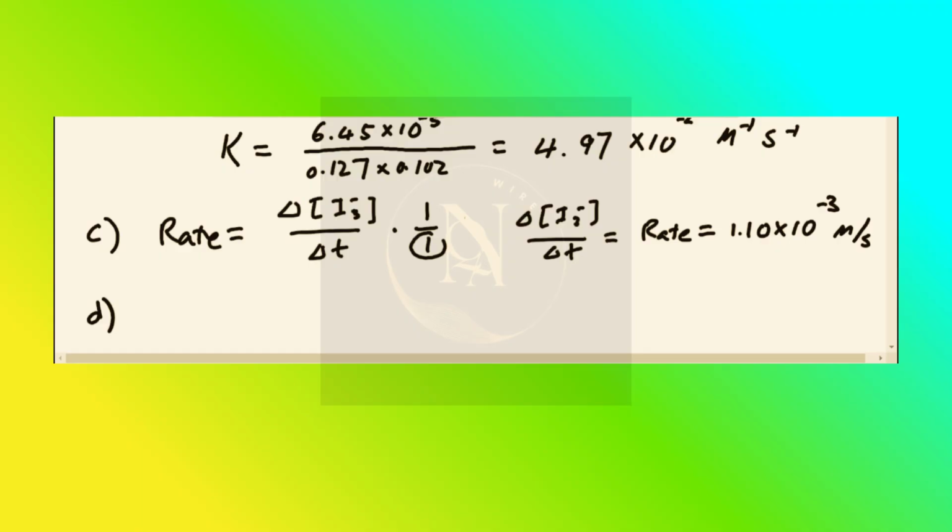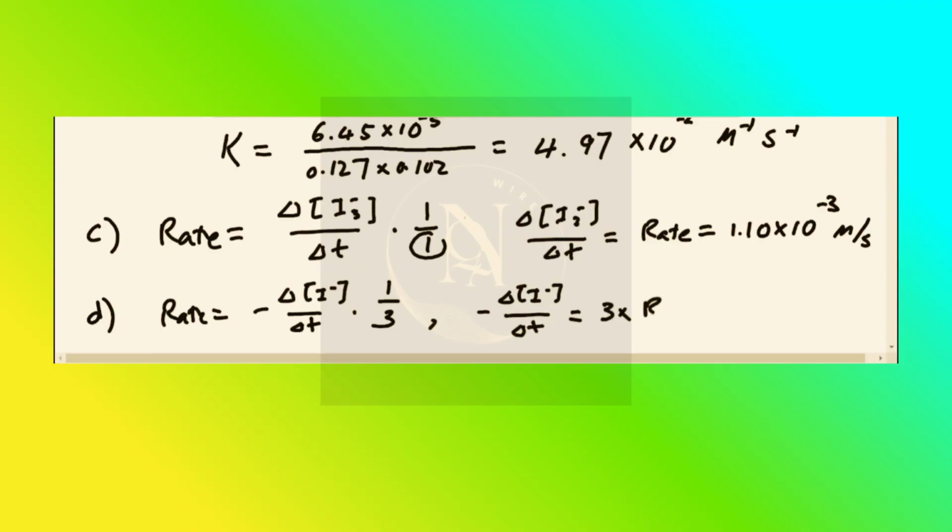And for D right here, what is the rate in terms of iodide? The rate right here will be negative delta iodide over delta t multiplied by 1/3, and therefore the reaction rate in terms of iodide will be 3 times the reaction rate.